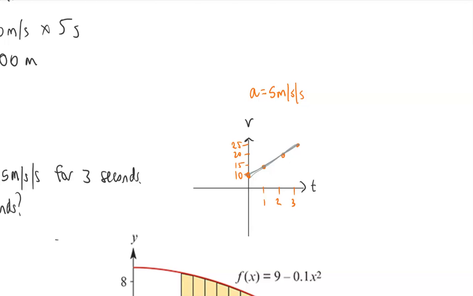Acceleration, so let's break it down a bit, right? If you think about driving, you put your foot down, what happens? Right, what does that mean? You're going faster. So if you think about velocity, velocity is measured in metres per second.